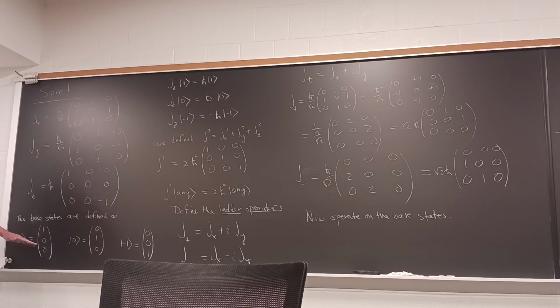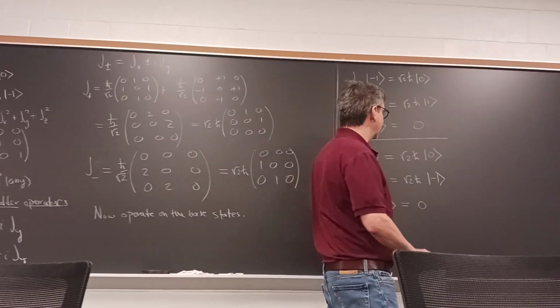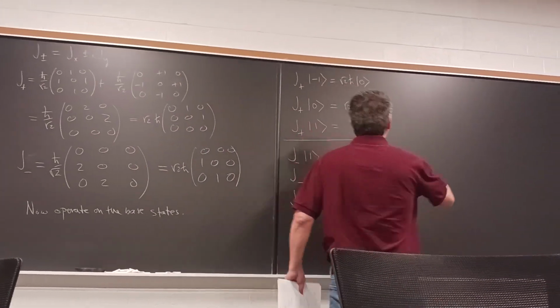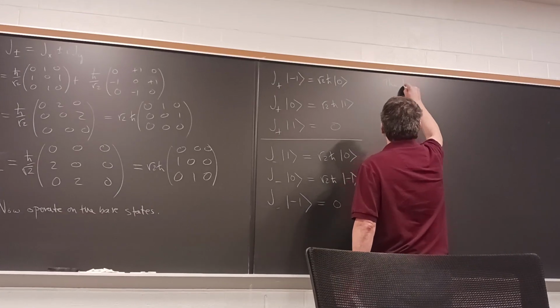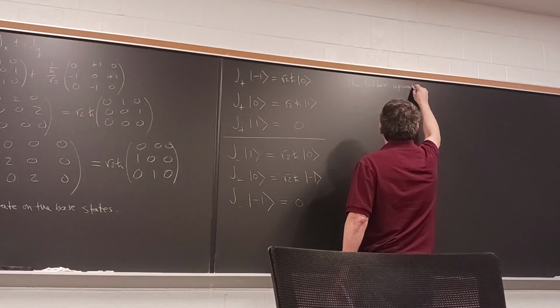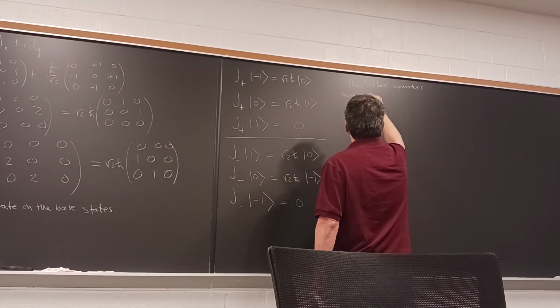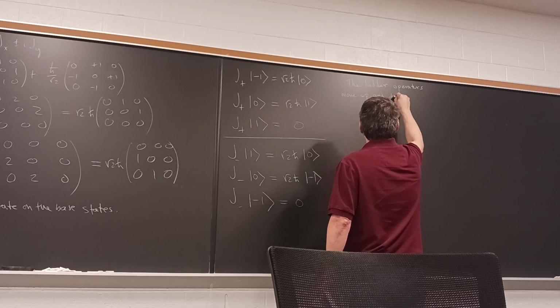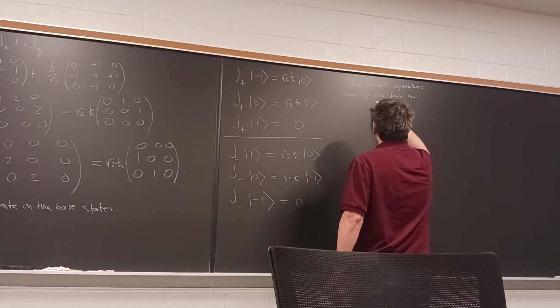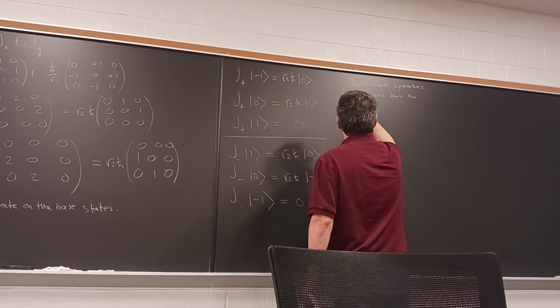And so what we're doing is we're moving up and down the possible values of Jz with our ladder operators. So the ladder operators move up and down the angular momentum base states.